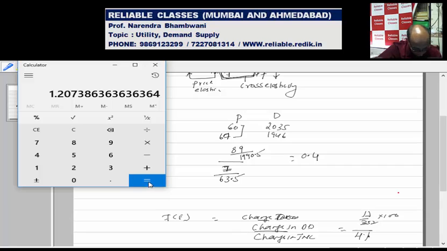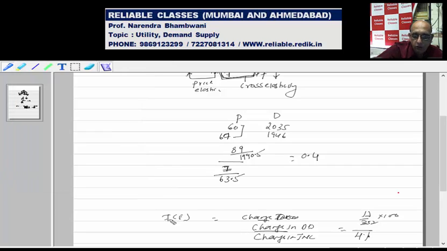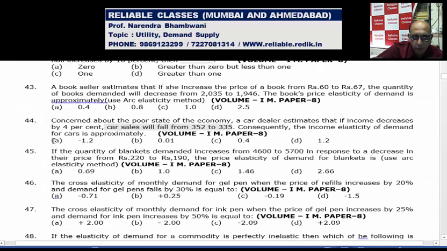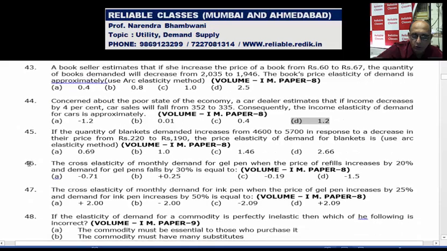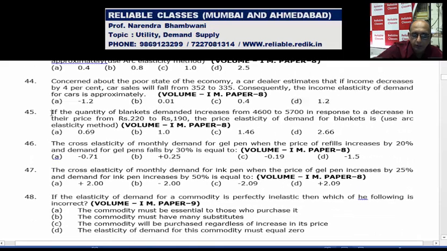So answer will be 1.2. Now there are two answers given. 1.2 दो बार दिया है, 1.2 माइनस भी दिया है, प्लस भी दिया है. Now income is decreasing and sales are also falling, so they are moving in the same direction, so it has to be 1.2 positively. D is the option.